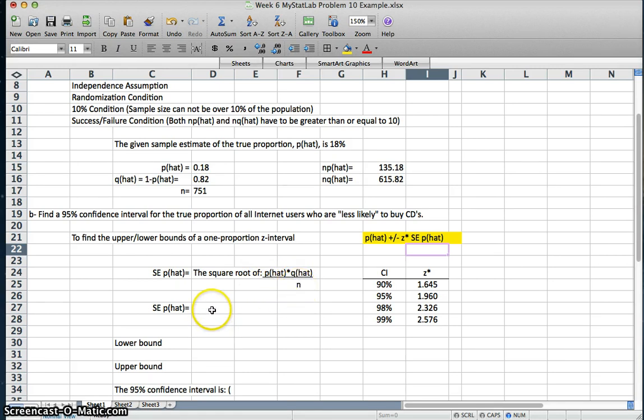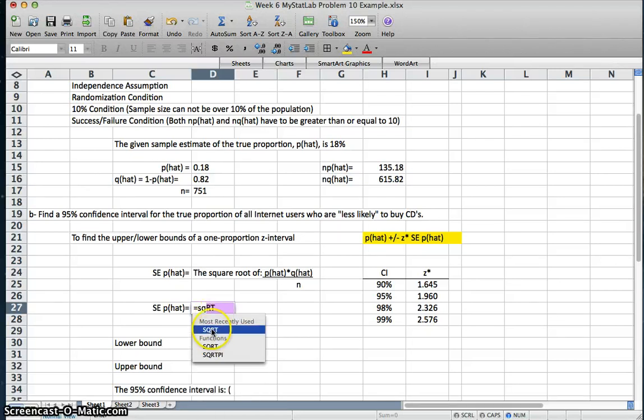So let's go ahead and create that formula here. We can start typing equals, and since this is the square root, we'll start typing square root, and there it comes right there. So now all I do is fill in the inside of the parentheses, and I'm going to use two sets here.